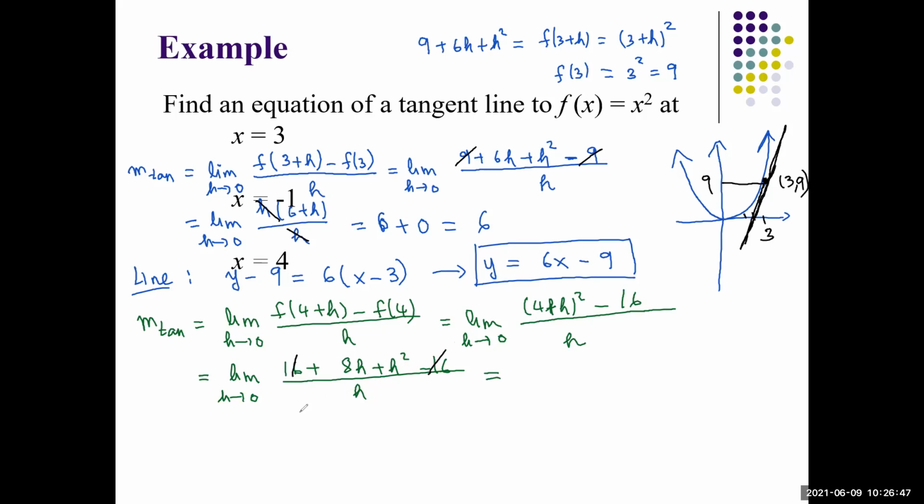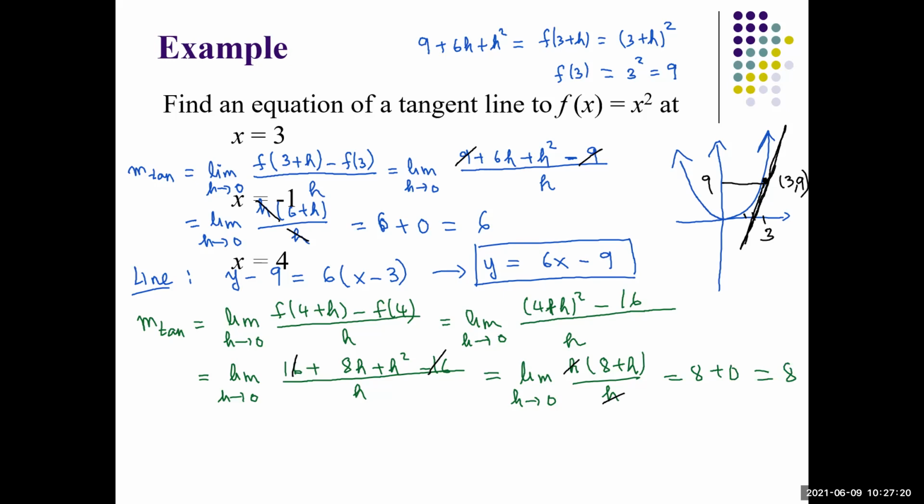You're left with an h term on the top and the bottom, so I can take out an h here, and then we have 8 plus h over h, and h approaches 0 again. Then I can cancel the h, and do the direct substitution, and that's 8 plus 0, or just 8.